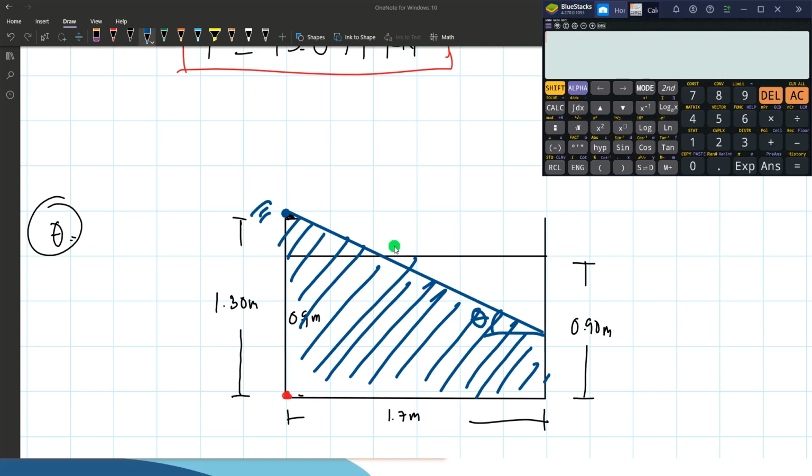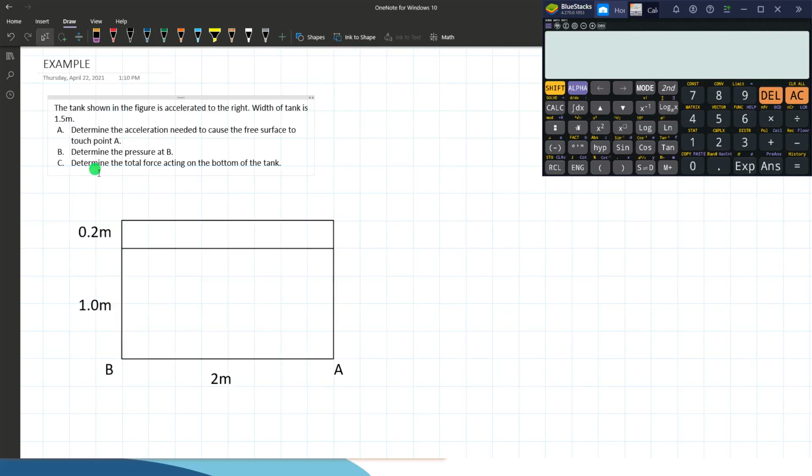Okay, next problem. The tank shown in the figure is accelerated to the right. The width of the tank is 1.5 meters. We will determine the acceleration needed to cause the free surface to touch point A, determine the pressure at point B, and determine the total force acting at the bottom of the tank.